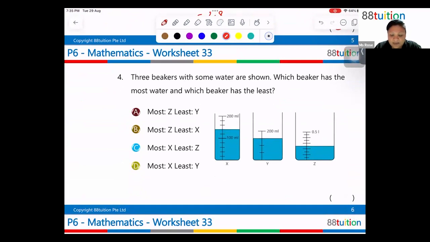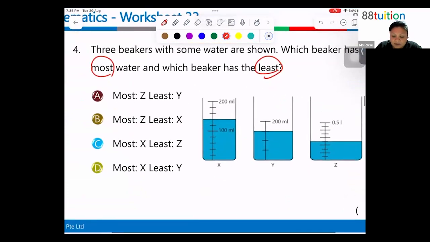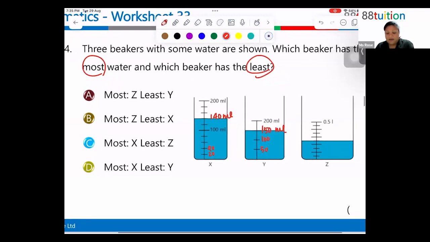All right, so you will get which beaker has the most and which beaker has the least. So if you look at X, what do we have? Here, 140. So every division is 20. Here, every division is 50. So that's 150. And for Z, what's every division equals to?